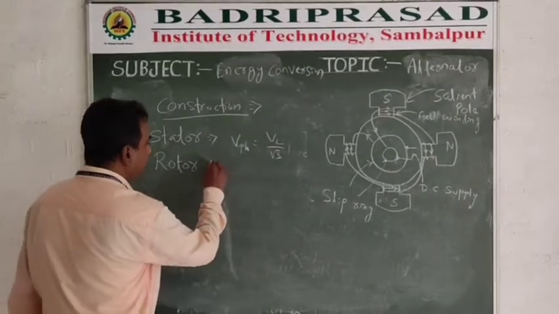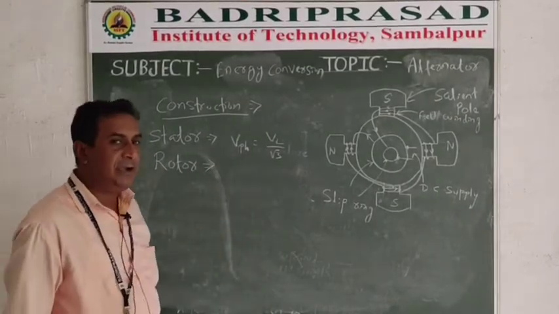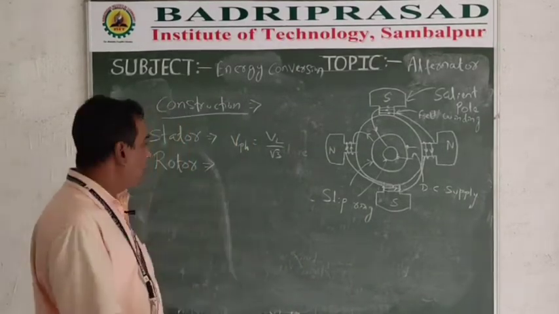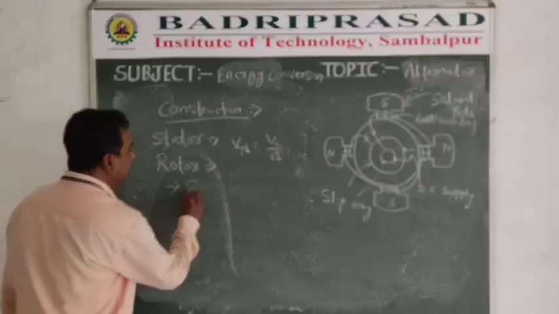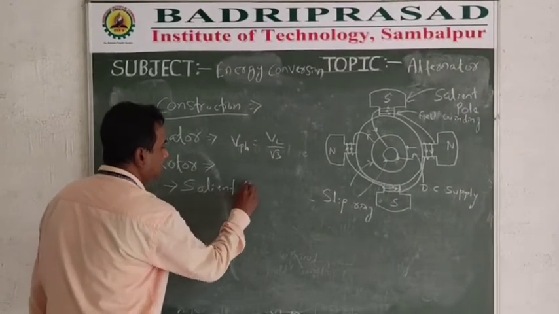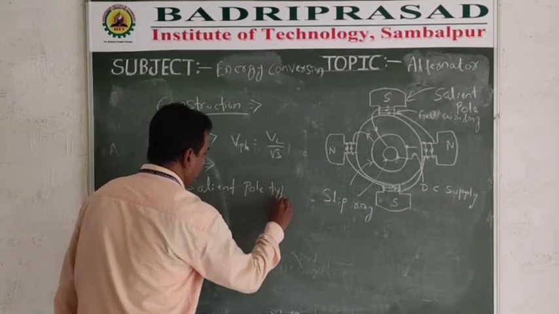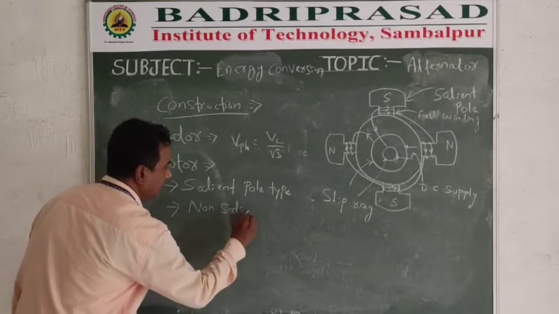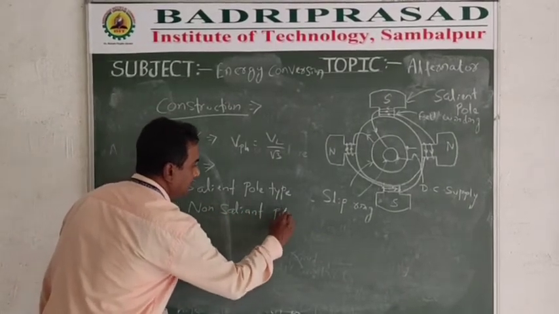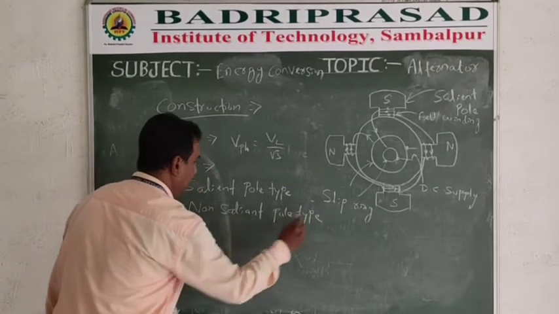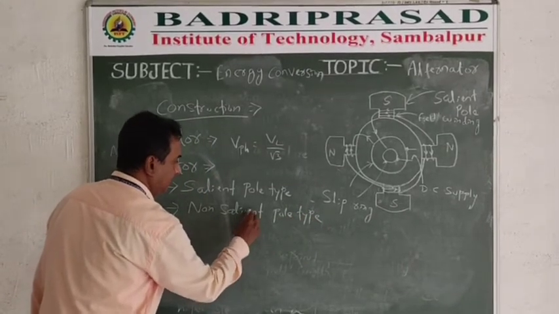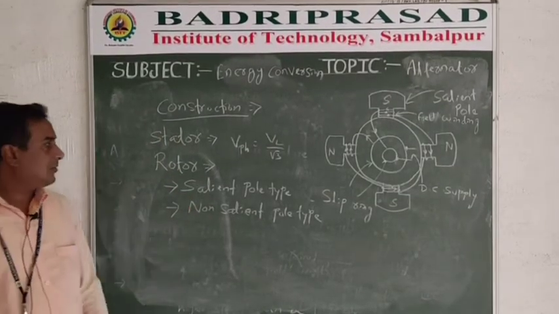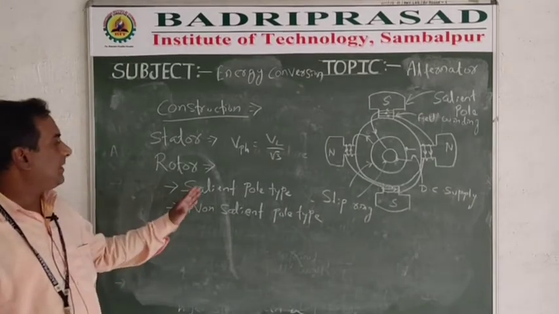Then coming to the rotor, the alternator is classified on the basis of the construction of the rotor, and the rotor is classified into two types. One is the salient pole type rotor and another is the non-salient pole type rotor.